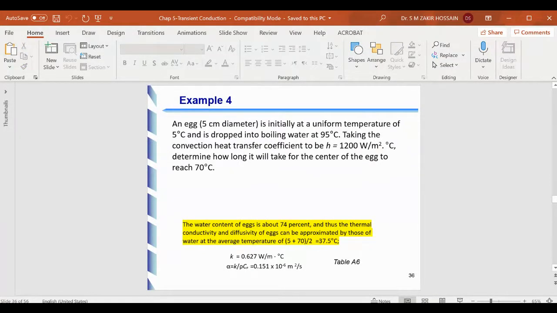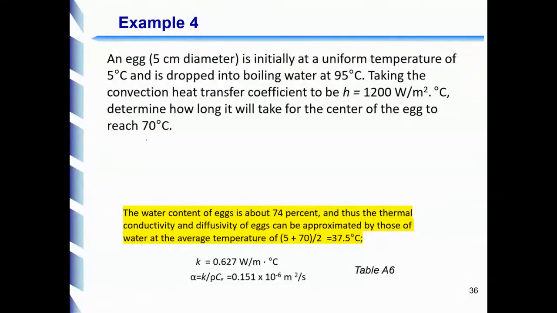We are discussing the lumped system, and if the lumped system is applicable, then first we need to calculate the Biot number. If it is less than 0.1, then you can use it. If it is more than 0.1, then you cannot use it. So if it is more than 0.1, the lumped system is not applicable.